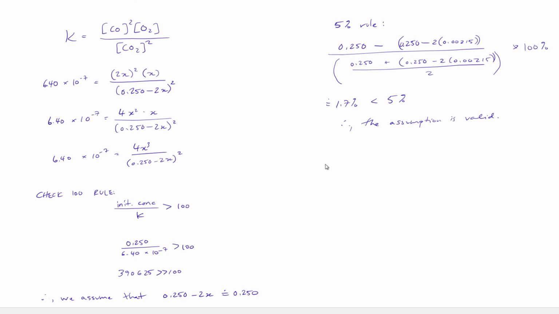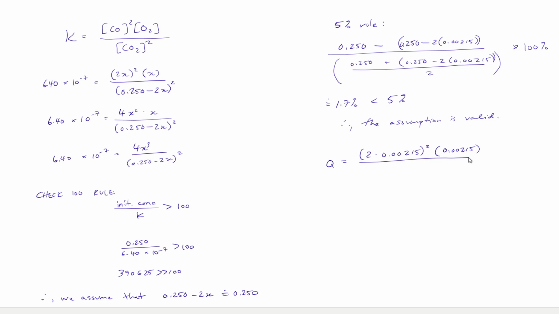Similarly, I can do a Q calculation at equilibrium, so I'm just using these right here. My carbon monoxide value would be 2 times 0.00215 squared times the x value, which is 0.00215.